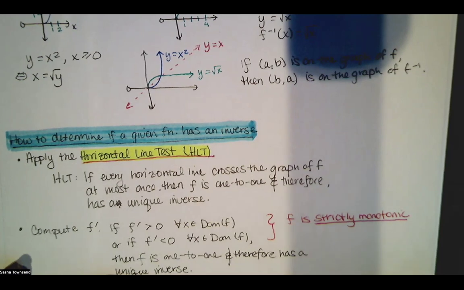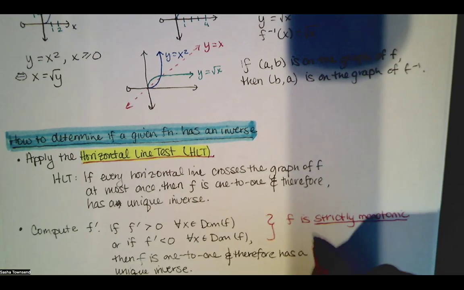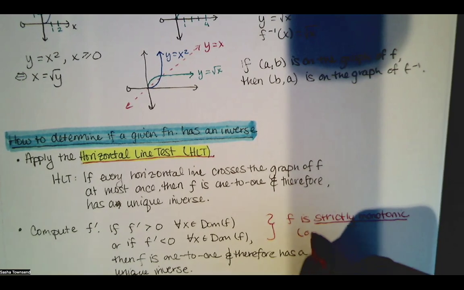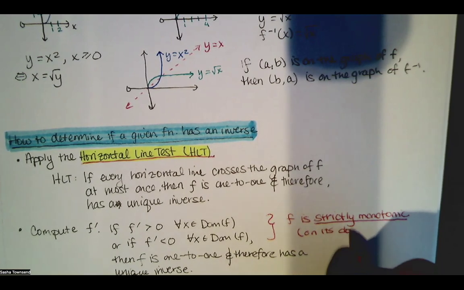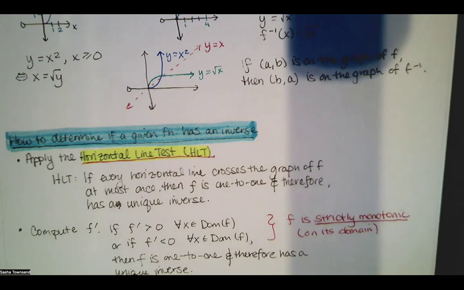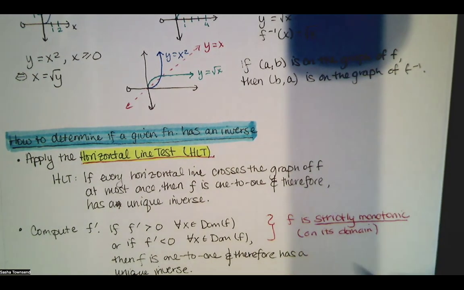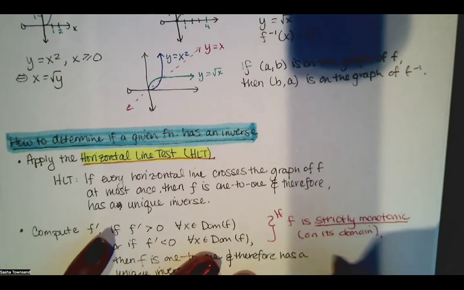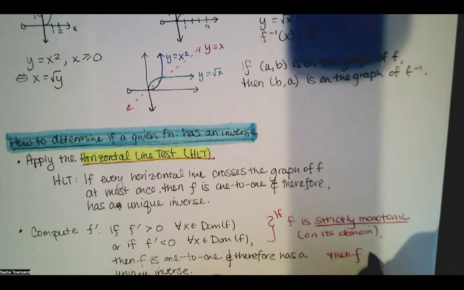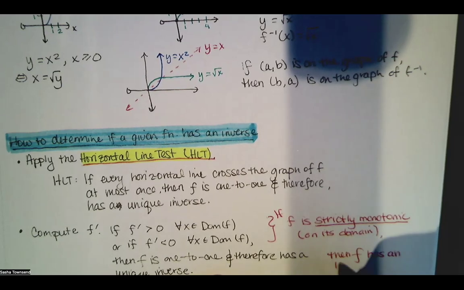Then we say that f is strictly monotonic, and of course, it's implied that that's on its domain. If f is strictly monotonic, then f has an inverse. This just indicates that if the derivative changes signs, basically we're going to have a problem.